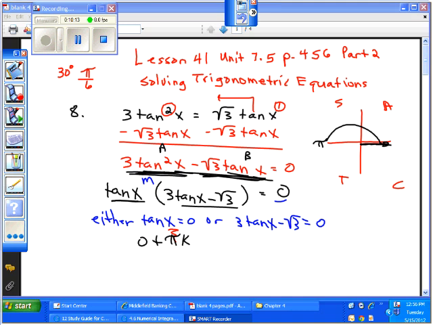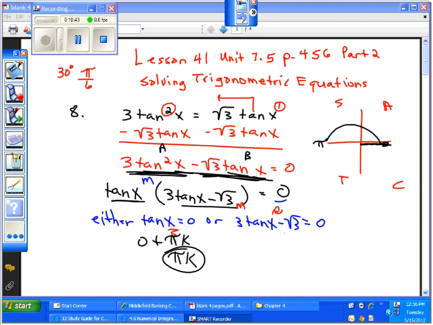Now, we know that 0 plus pi k is pi k. So the tangent x portion lets us know that every pi k, there's an answer that'll make that true. Now we got to look at the other part. On the other part, we have multiplication and subtraction, and we're going to undo in the reverse order of operations.